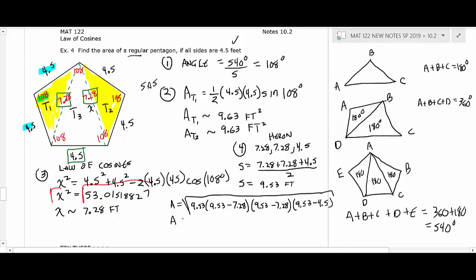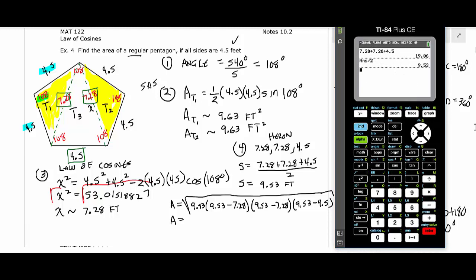So I'm going to put that in the calculator, and then that'll give the area of triangle 3. Let's put this in then. 9.53, and just to be safe, because sometimes you can't see what you're typing, 9.53 minus 7.28. Then you have to do that again, so I could actually double that. Actually, we could do this instead, because we have 2 of those products right there.